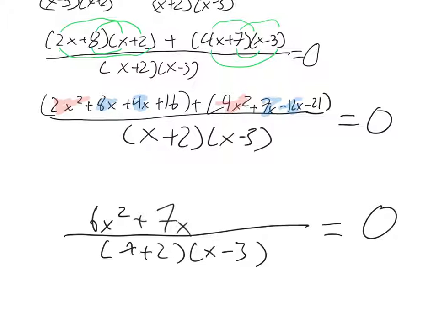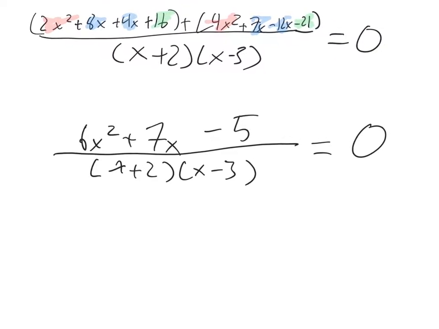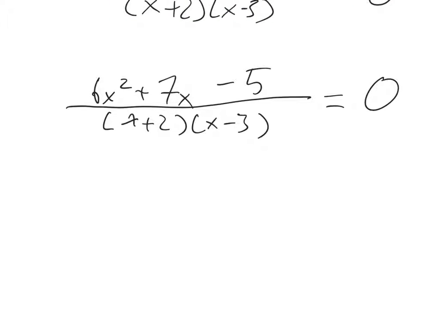And then the last thing we have to do is just combine our constants. So we've got our 16 and our negative 21. And that is going to get us negative 5. All right, so we're getting to the home stretch here. All that we have left to do is factor our quadratic, right?